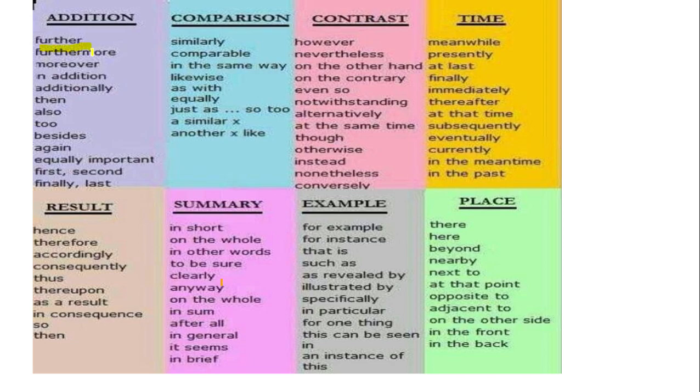You can use these connectors called further, additionally, also, equally important, maybe a sequence, so firstly, secondly, or lastly. These connectors will enhance your summary writing and give a continuous flow to your passage.